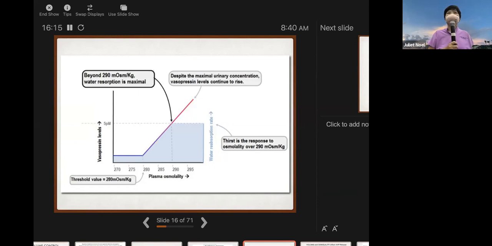When we are not very particular about the volume, patients will end up having hypernatremia. But if a person is conscious and can access water, once the osmolality goes up, the thirst mechanism will be triggered and you would really drink water.